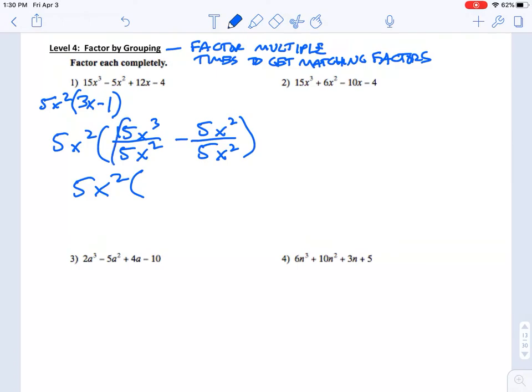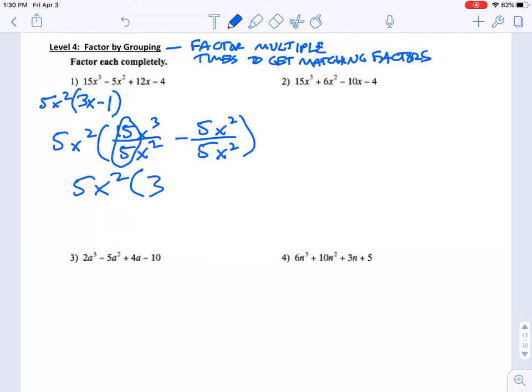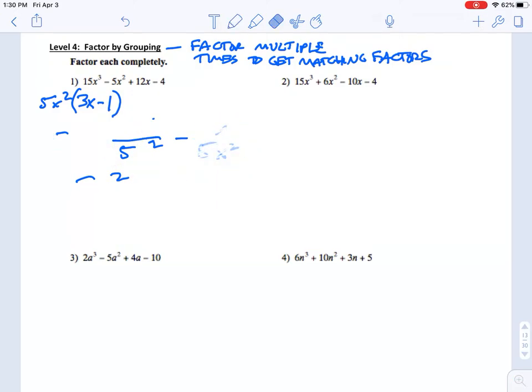And then when you simplify, 15 divided by 5 is 3. X cubed divided by x squared is x. 5 divided by 5 is just 1. It cancels out. And x squared divided by x squared is also 1. That cancels out. So however you need to do it is fine. You just need to get to the same spot, whatever you think is going to be easiest for you.